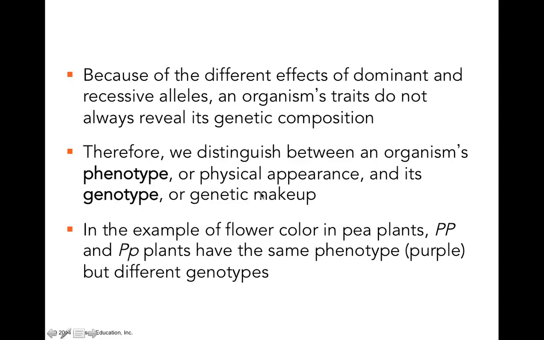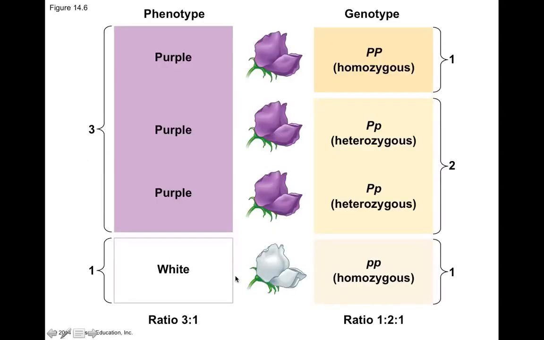So we need to distinguish between the appearance of an organism, its phenotype, and the genetic basis for that appearance, which is the genotype. So a question you might have is, how do you figure out what your genotype is if you've got the dominant phenotype?